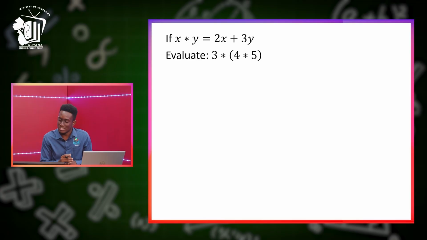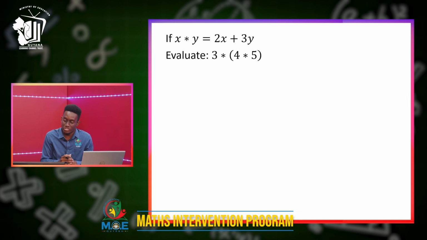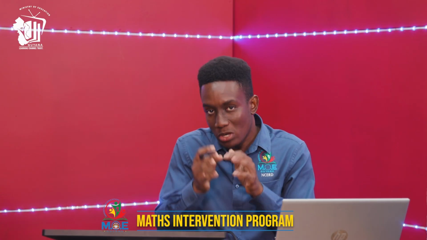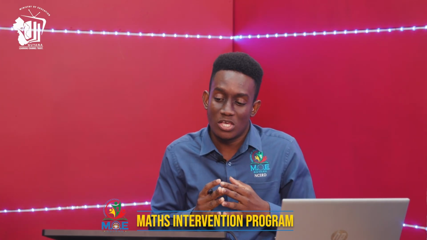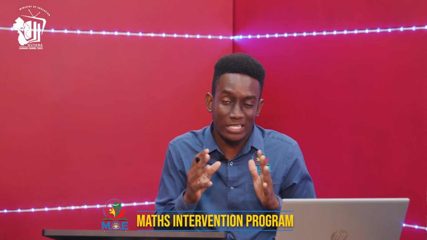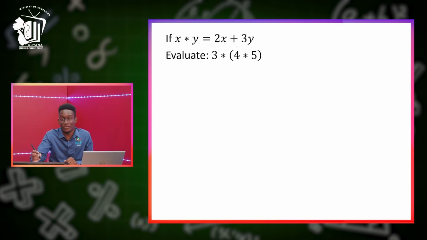So let's carry on with our final example. So this example says x asterisk y is equal to 2x plus 3y. And they want us to evaluate 3 asterisk in bracket 4 asterisk 5. So when we are given a situation like this, and we have part of the binary operation in bracket, we have to work out what is going on in the bracket first, and then we'll take that answer and we'll attach it to the remaining one, which is 3.